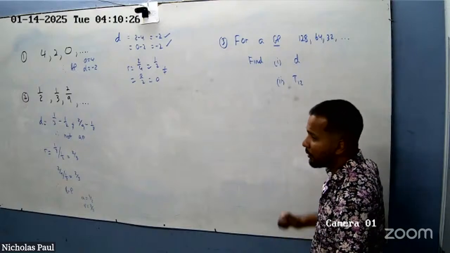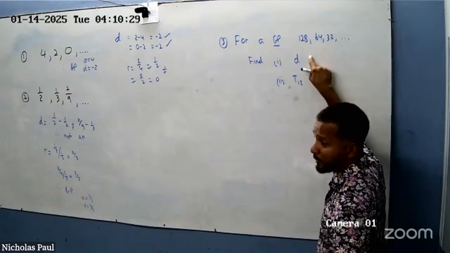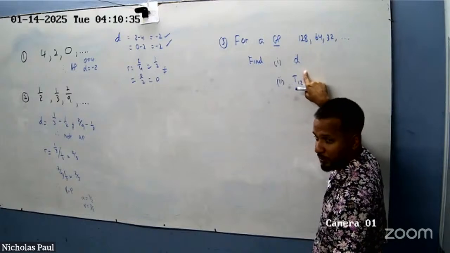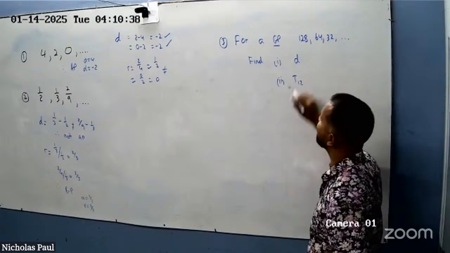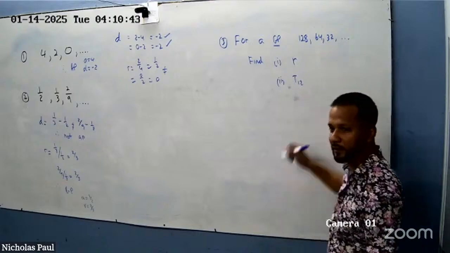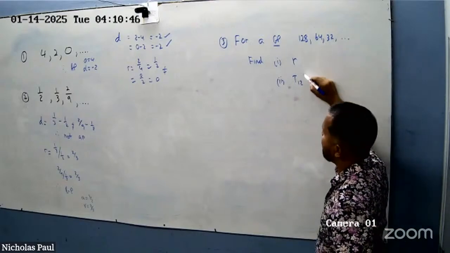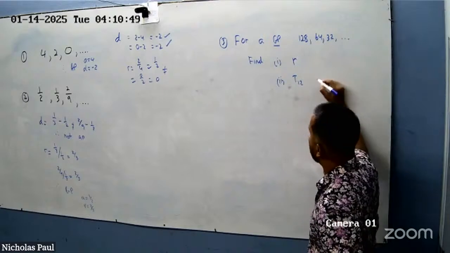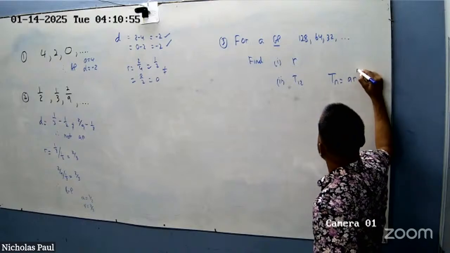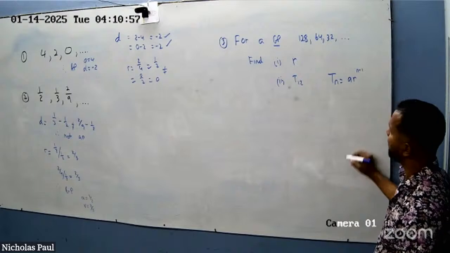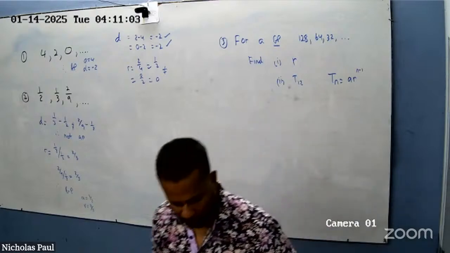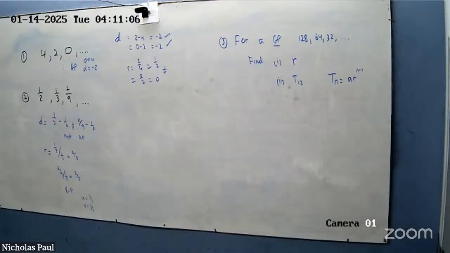So find what is R, and then find the 12th term using the formula I gave you, right? The formula was T to the N is A R to the power of N minus 1. All right? So find the 12th term and R for me. Then we can speed it up a little bit.